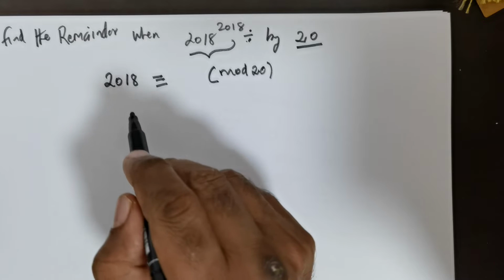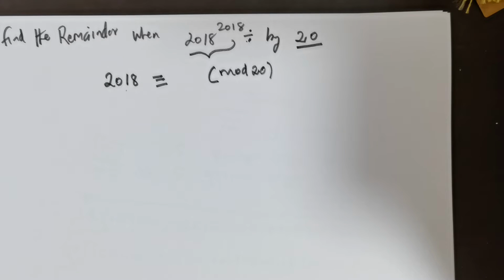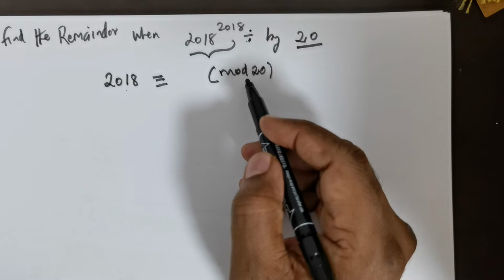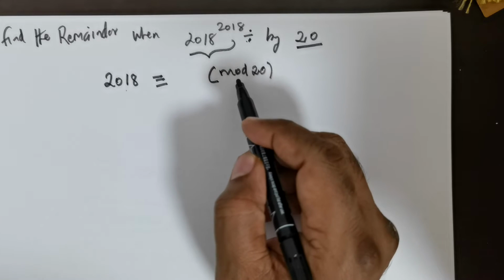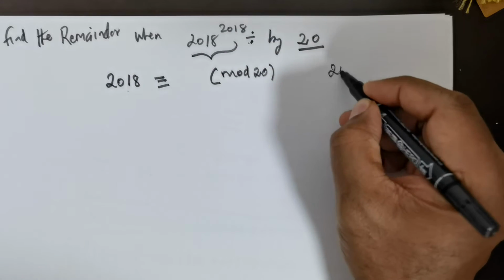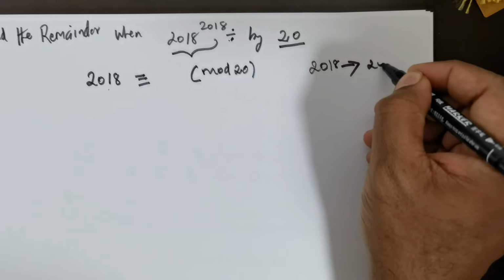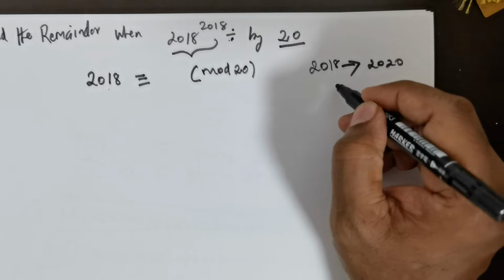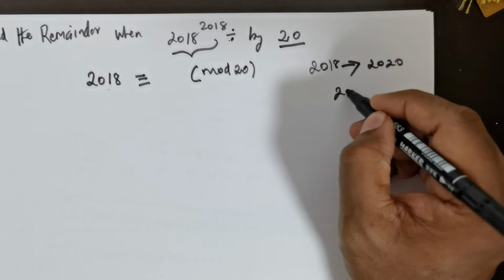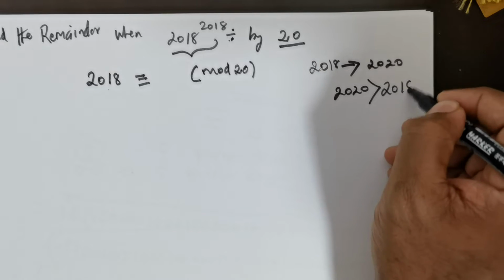Now for that, what you need to do is find out the closest value that is completely divisible by 20. In case of 2018, the closest value would be 2020, but 2020 is actually greater than 2018.